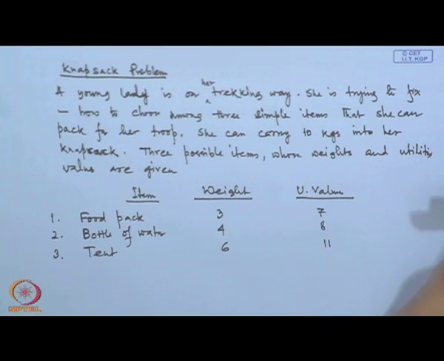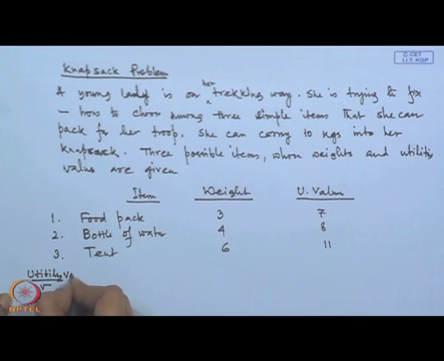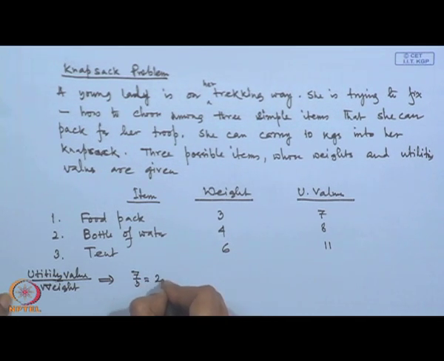If we see from the given information, if I just consider the ratio utility value divided by weight, these values are for the food pack 7 by 3, that means 2.33.